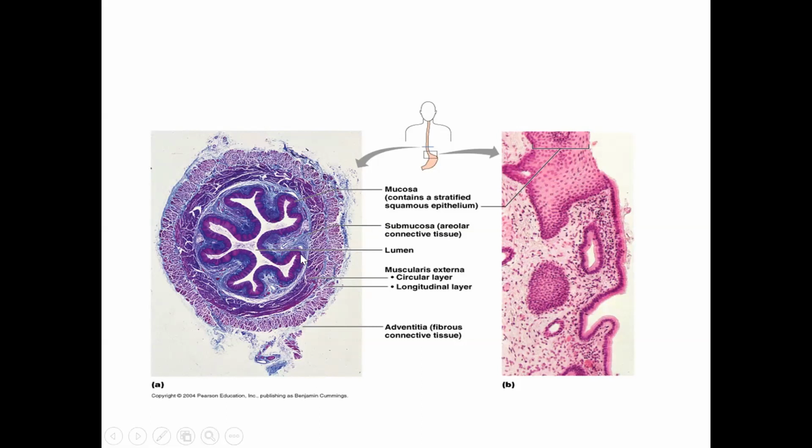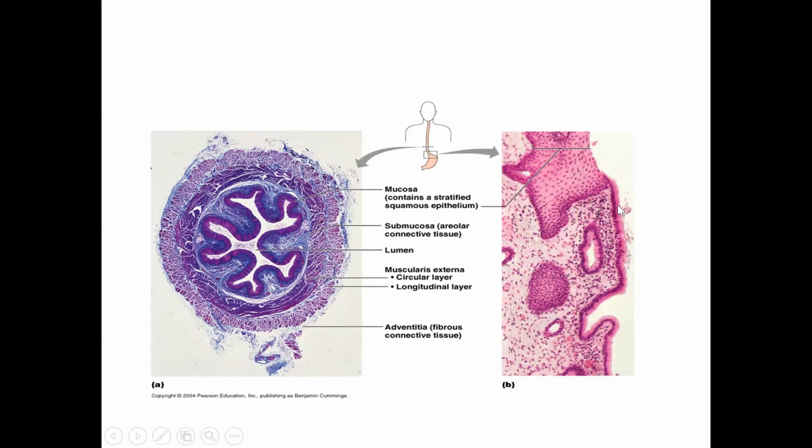So this is the cross section, the esophagus lumen. The lining right here, from here all the way to here, is the mucosa layer.